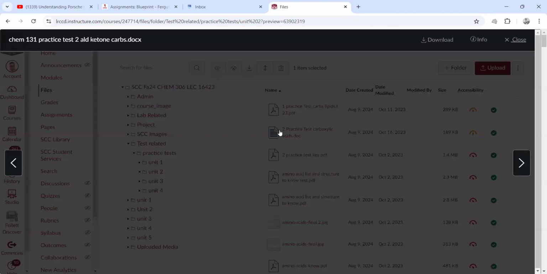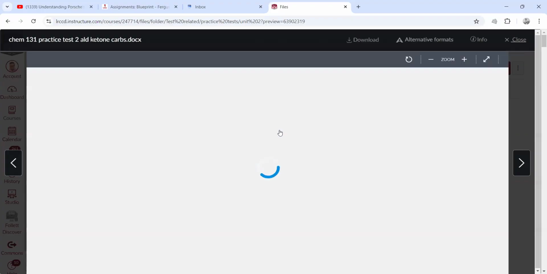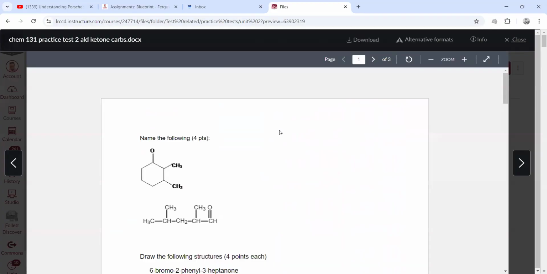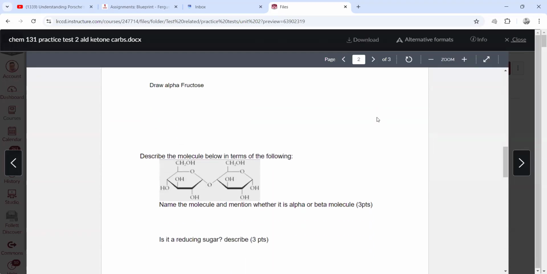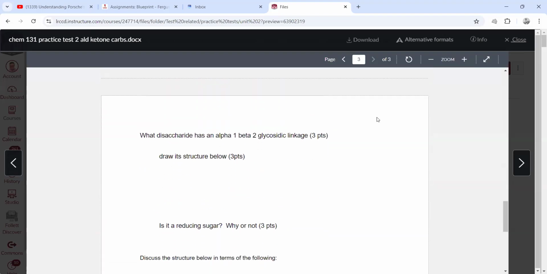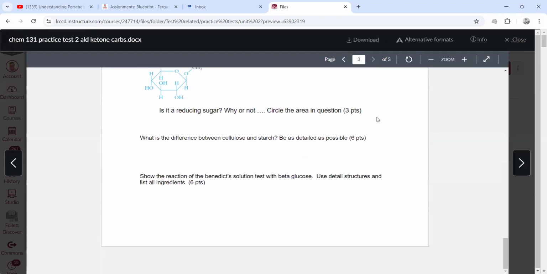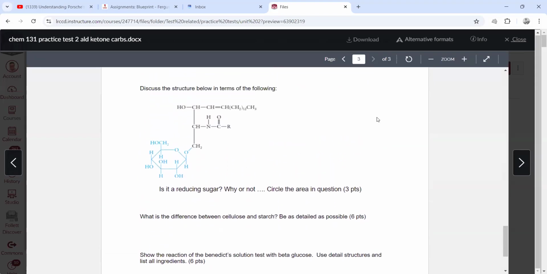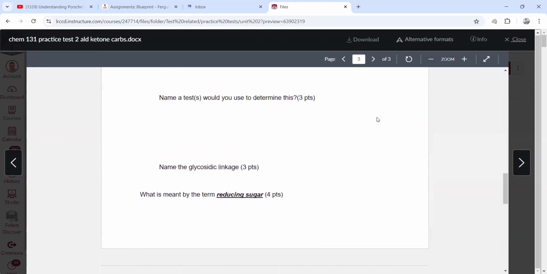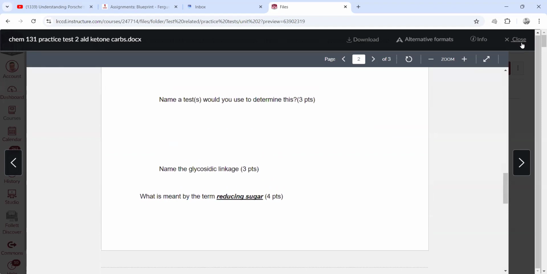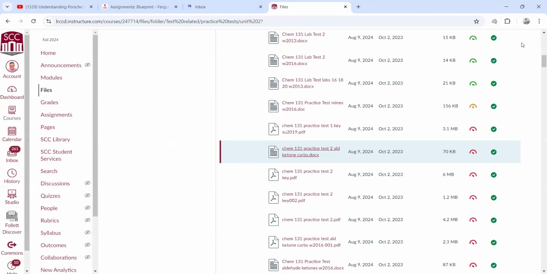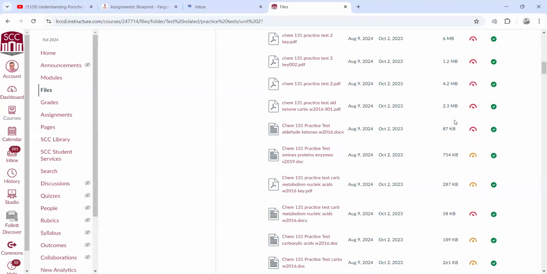There's one on ketones and carbs. So there are practice tests that already exist there.